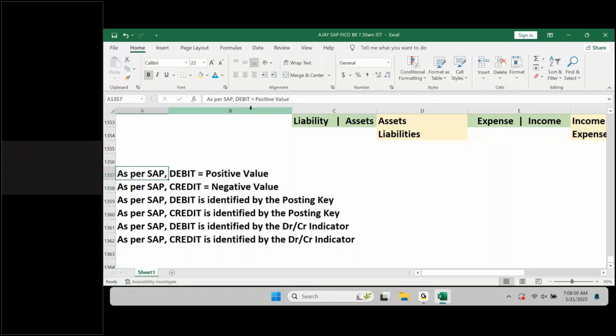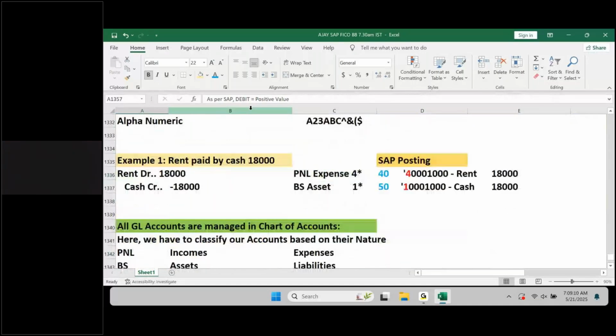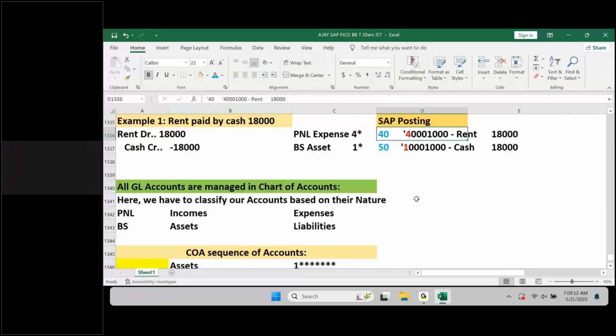I should not put a plus or minus sign on the amount, because the system is not considering it. It only takes the plain number from your entry. Is it easily possible for the system to identify whether it is a debit or a credit? Yes, easily possible.